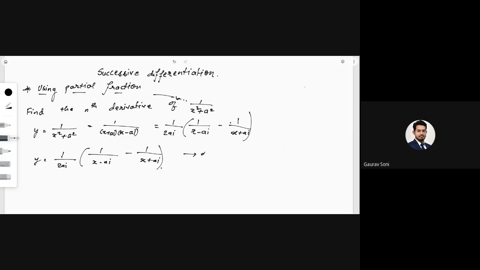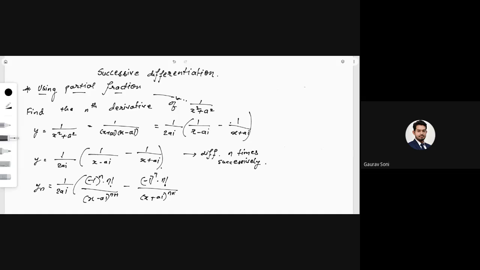So differentiating n times successively, what do we get? yn is equal to 1 upon 2ai in bracket minus 1 raised to n into n factorial upon x minus ai raised to n plus 1, minus minus 1 raised to n into n factorial upon x plus ai raised to n plus 1.